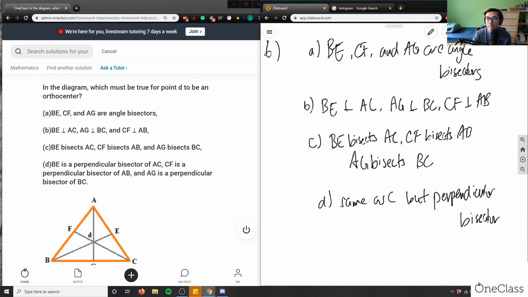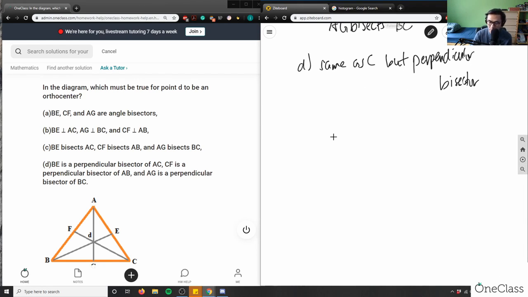So let me redraw this. Let me redraw the triangle here, and I'll show you what I mean by orthocenter. Recall the definition of orthocenter.